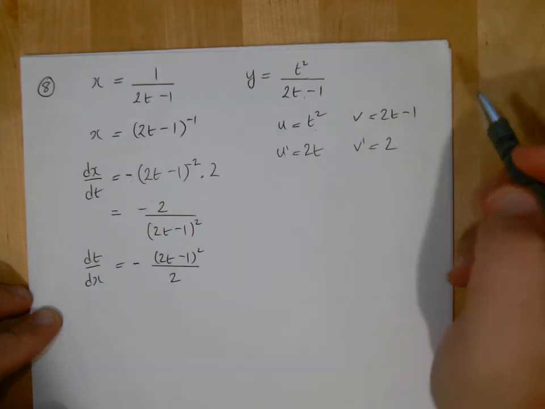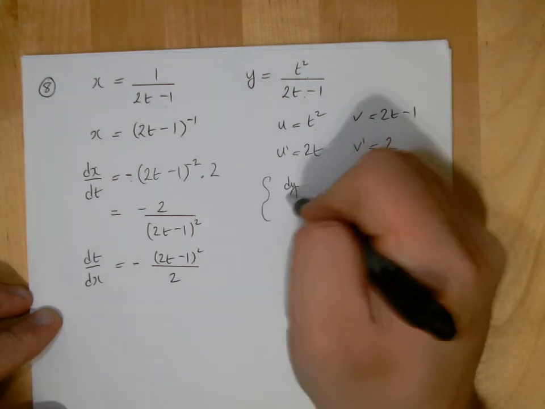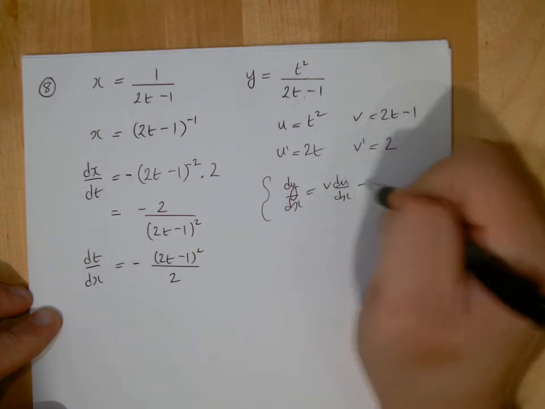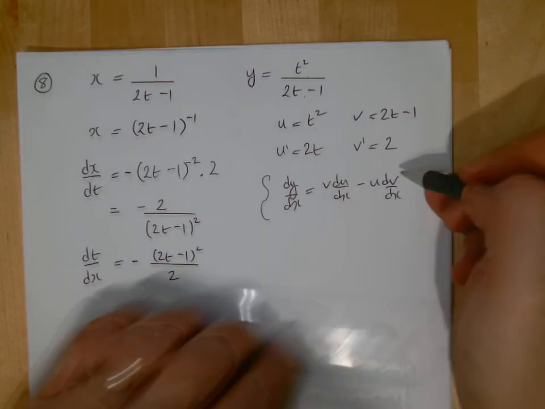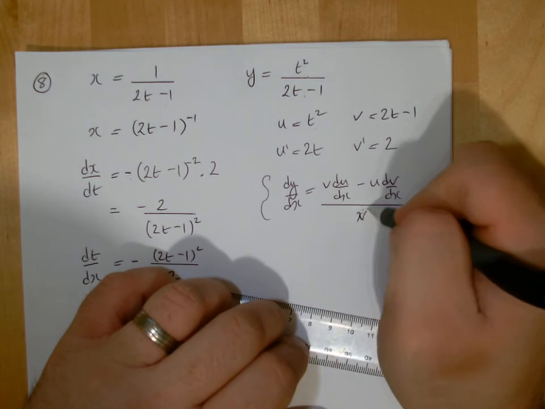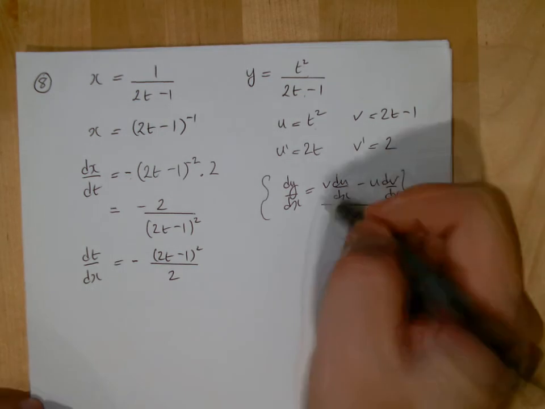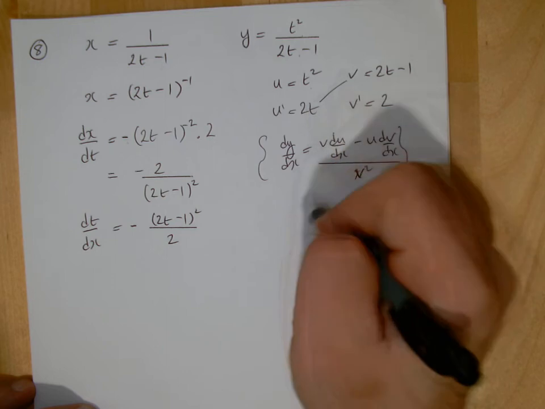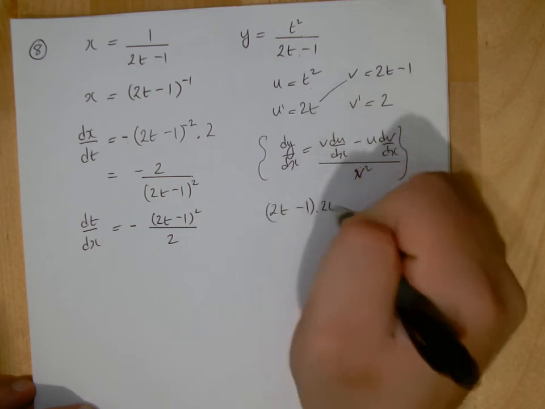So remember the quotient rule, okay, which we learnt. Remember the quotient rule was dy dx is equal to v du dx minus u dv dx all over v squared. Now of course that's in terms of x, but the same principle will apply here in terms of t. Okay, so we want to basically do v du dx, so that times that, so 2t minus 1 times 2t.